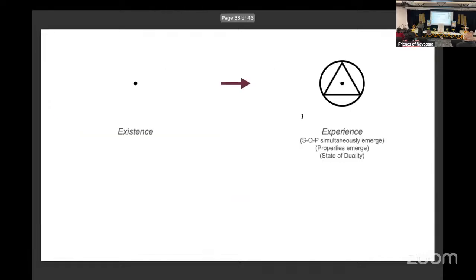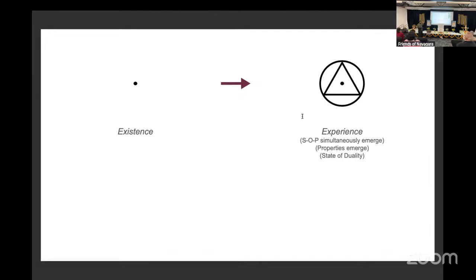So we basically have existence. This is probably similar to where you are when you're in deep sleep. You're just some localized existence. And then something happens and you become experience. Okay? Something happens. So what are the things that happen? Subject, object, predicate simultaneously emerge.